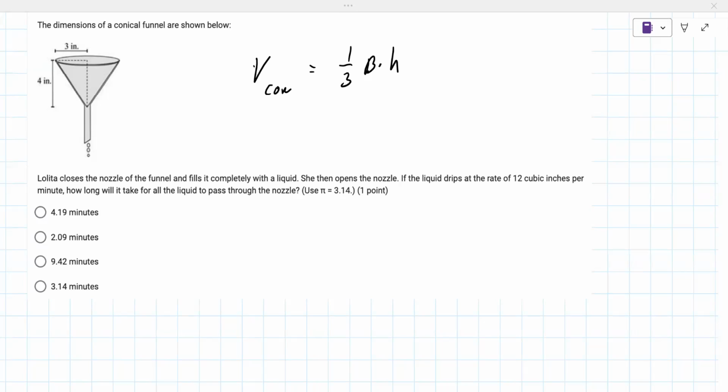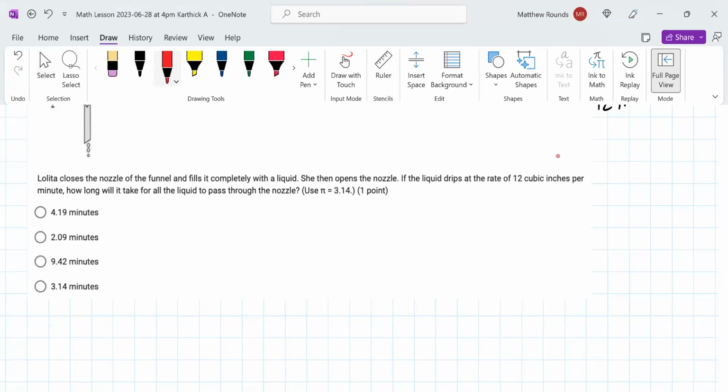All right, I got 37.68. What was the rest of that number? 37.68. Okay, and that's inches cubed. So now the rate is 12 inches cubed per minute. The inches cubed go on the bottom because you want to cancel them out with the inches cubed up top.